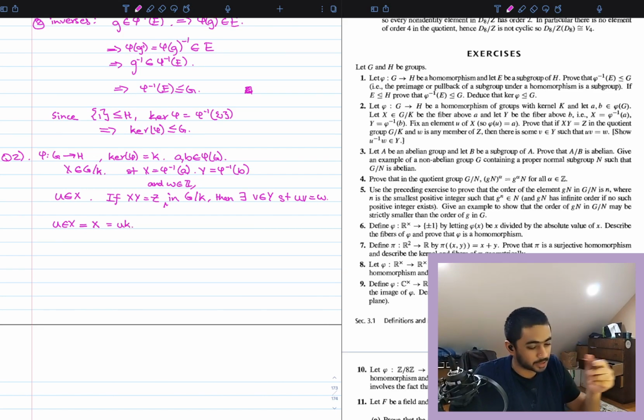That was one of the propositions we saw earlier, that this is actually a coset. And then similarly, z is actually wk. So we want some v in Y such that uv equals w.